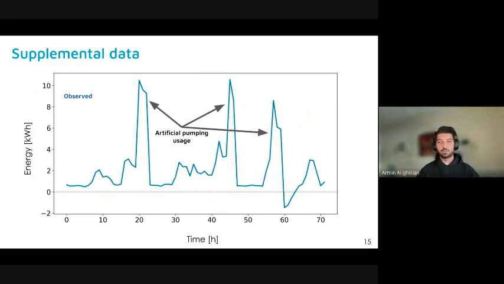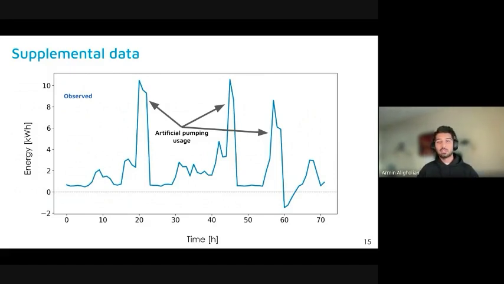Just for the sake of this analysis, I added random electricity usage at random times, with a mean value around 8 kilowatt hours, and I added a little bit of noise to make an artificial EV charging type of pattern or pump usage. And these are all random.